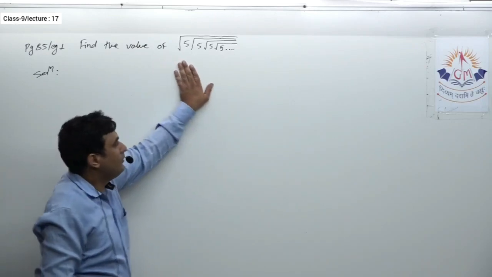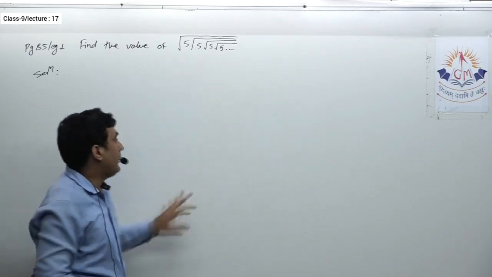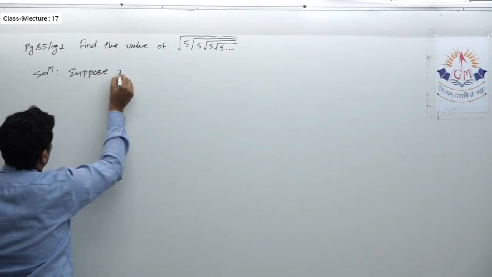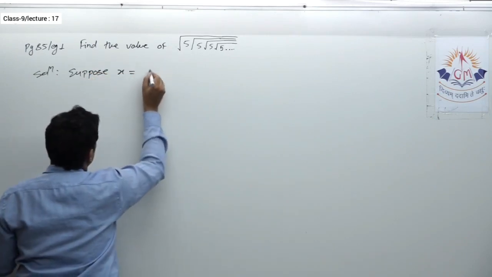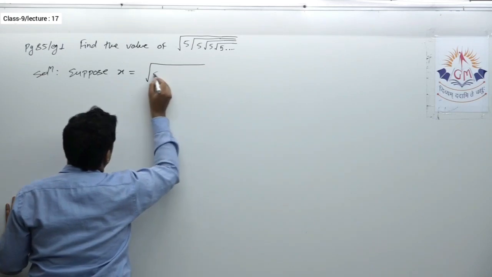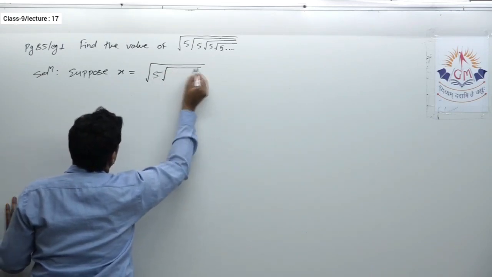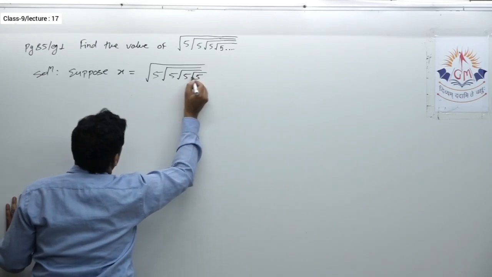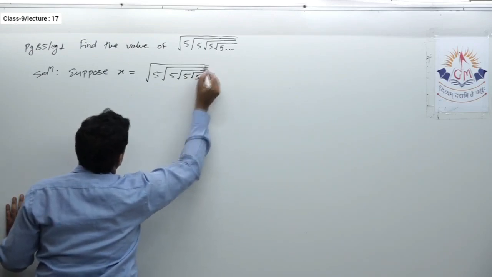We have to find the value of this, so I'll assume this is equal to x. Suppose x is equal to square root of 5, square root of 5, square root of 5 and so on.